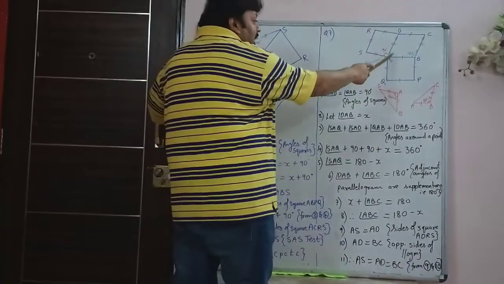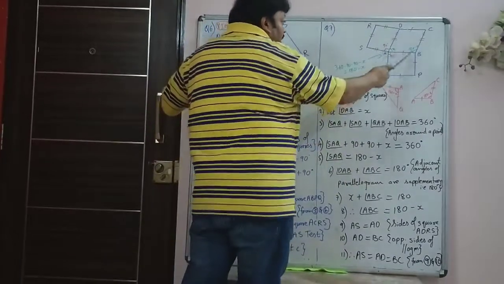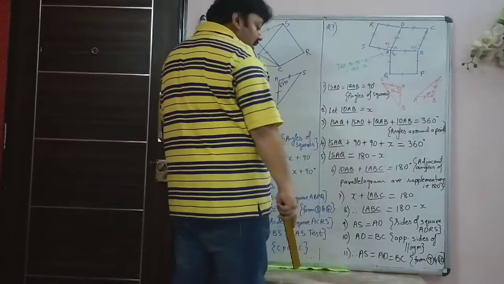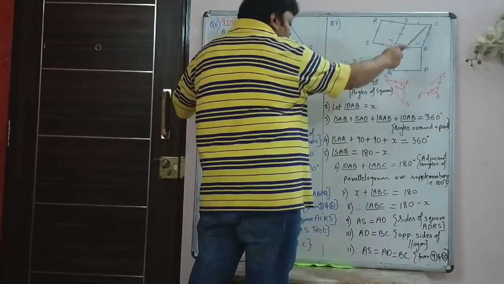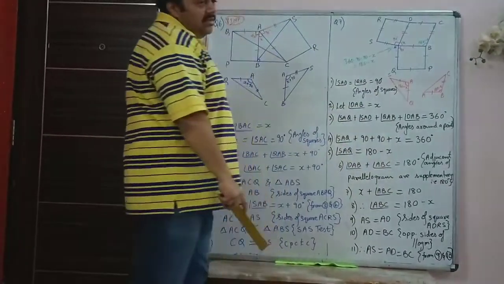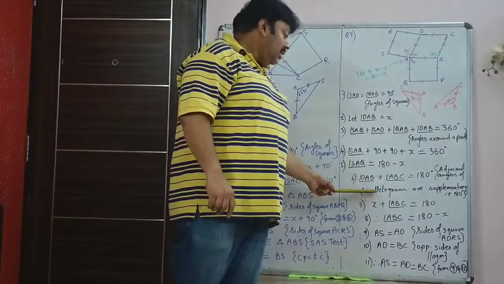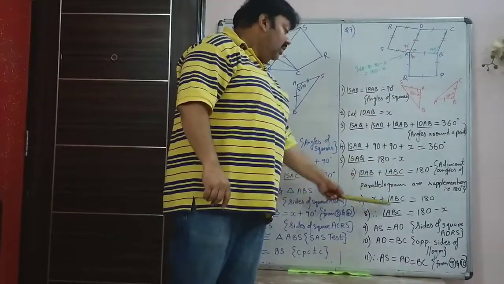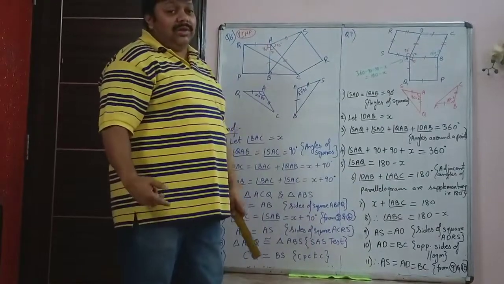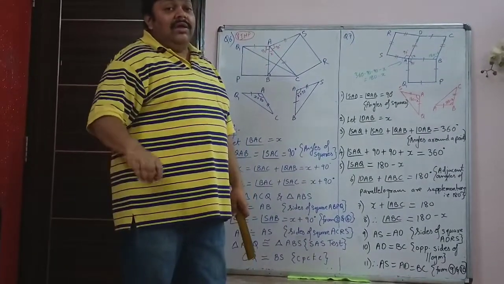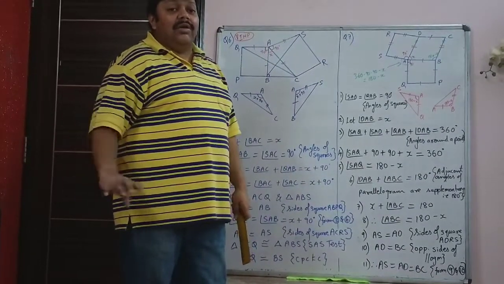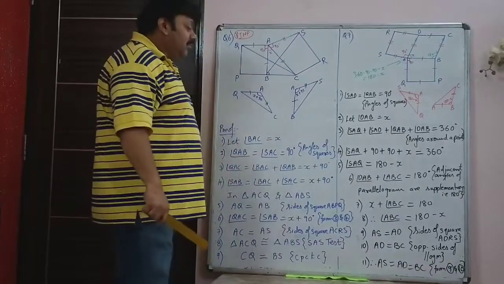So this is already x. X plus angle ABC is 180. So angle ABC is 180 minus x. You can also write directly, without these two steps, that angle ABC is 180 minus x, and write the reason as adjacent angles of a parallelogram are supplementary.